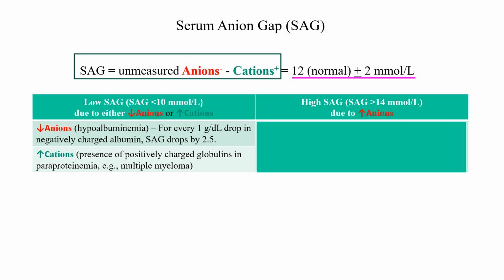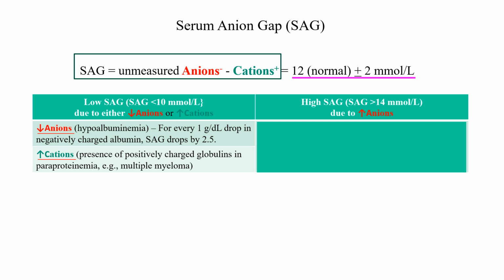Serum anion gap that is outside of the normal range may be seen in various conditions as shown here. Common conditions that give rise to a low serum anion gap include hypoalbuminemia and paraproteinemia as seen in multiple myeloma. Note that for hypoalbuminemia, the serum anion gap is expected to drop by 2.5 for every 1 drop in serum albumin level from normal.